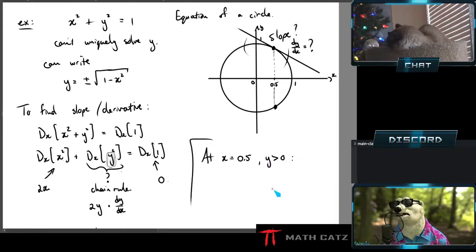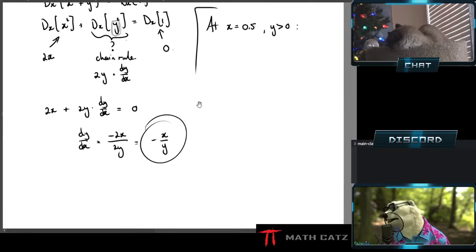What is happening? Well, this derivative says, which often happens when I work with relations, you need the x coordinate and the y coordinate if you want to find the derivative. If you want to find the slope of the tangent line, you're going to have to give me both coordinates.